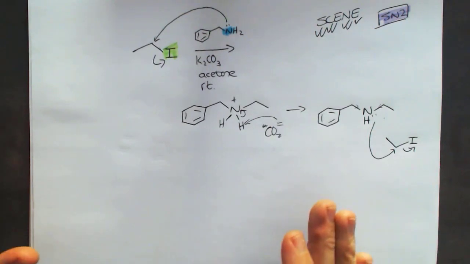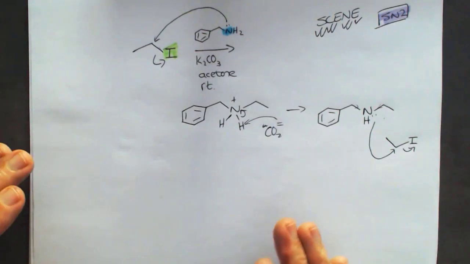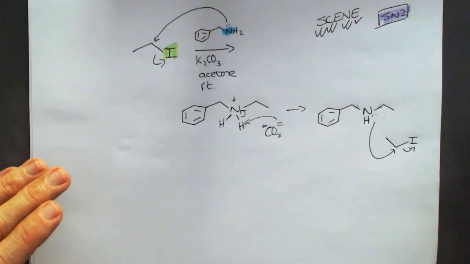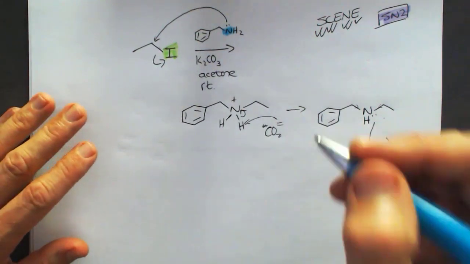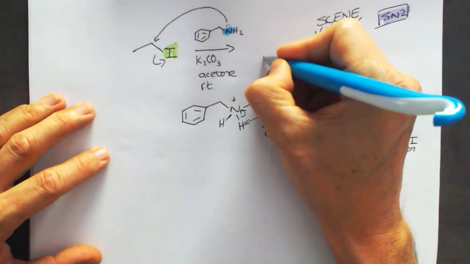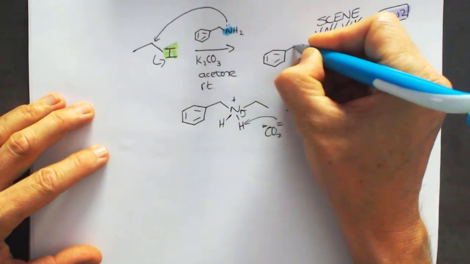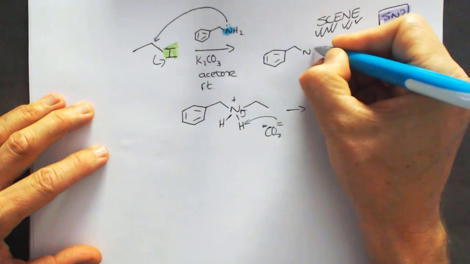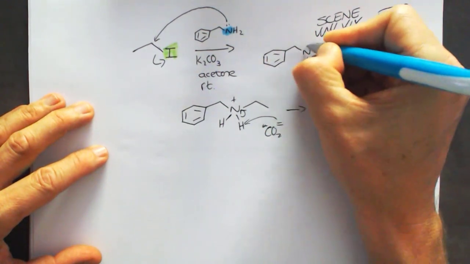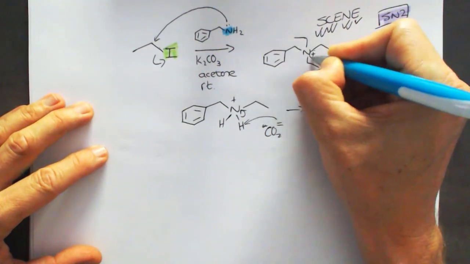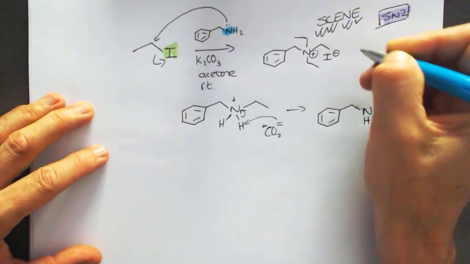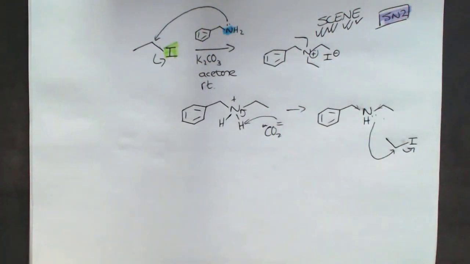Moreover, we actually have a real problem in that it might even go a third time. Depending on how much of the starting material and how we control this reaction, we might actually end up forming a quaternary ammonium salt like that. And you can go and add that 3 times and see what happens.